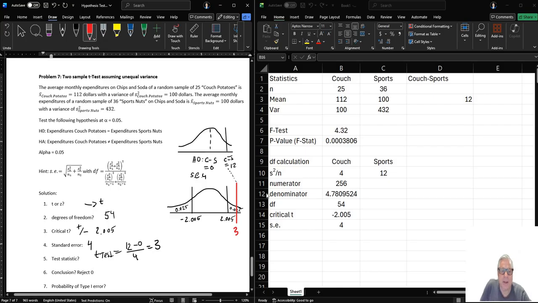But we could have made a type 1 error. And again, the type 1 error in a two-tailed test is the probability that we can actually draw a sample of couch potatoes and sports nuts, even if there's no difference in the chips and soda consumption, that we can draw two samples from those populations that actually suggest such a difference of 3.